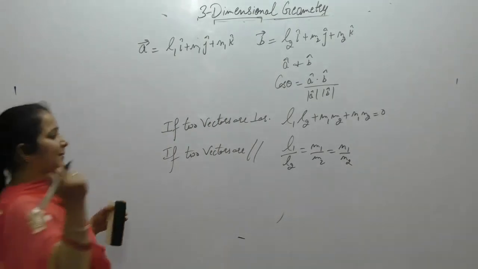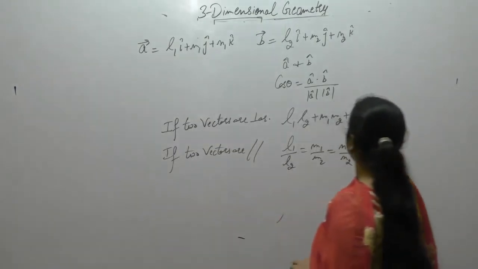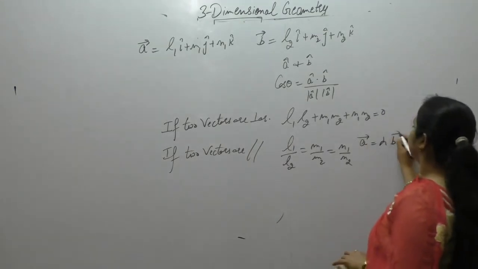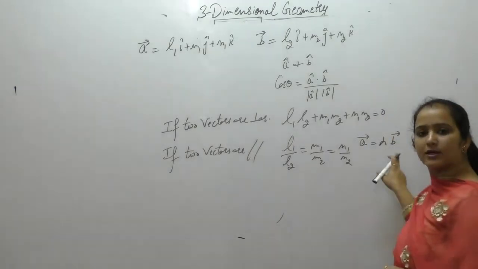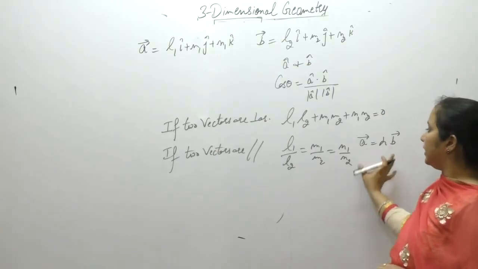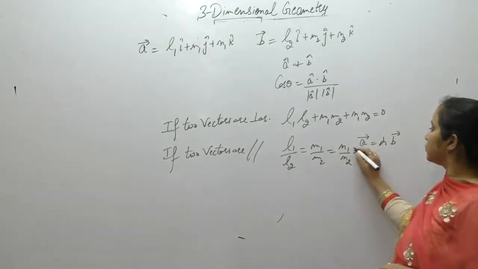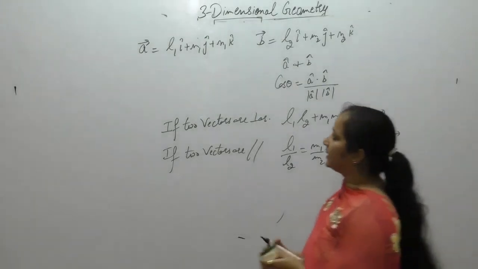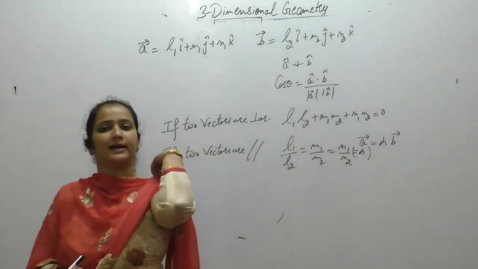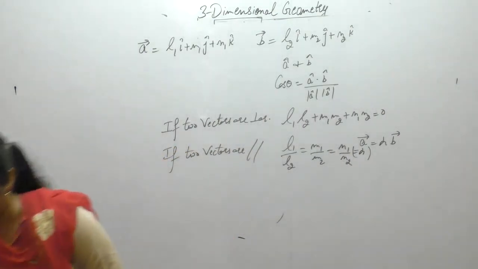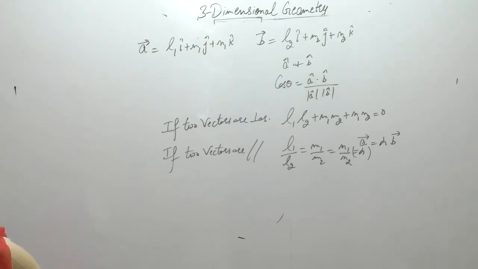If two vectors are parallel, तो हम क्या लगाते हैं? अगर A vector B के parallel है, then A vector is equals to some constant into B vector. तो A और B के vector let it be equals to lambda C. Clear? Now अगर हमें direction ratios given है A1, A2, B1, B2 and C1, C2.